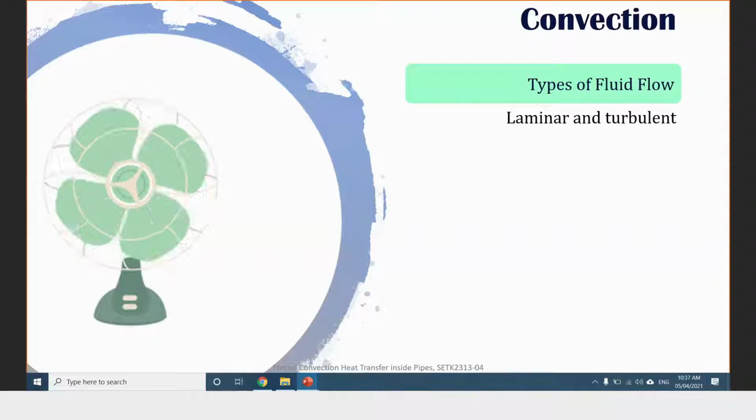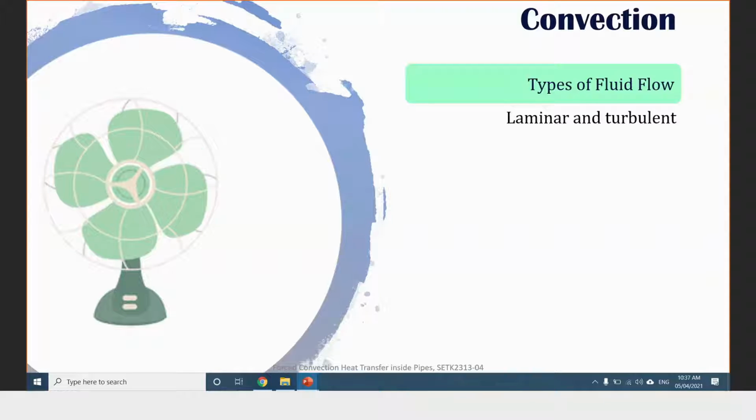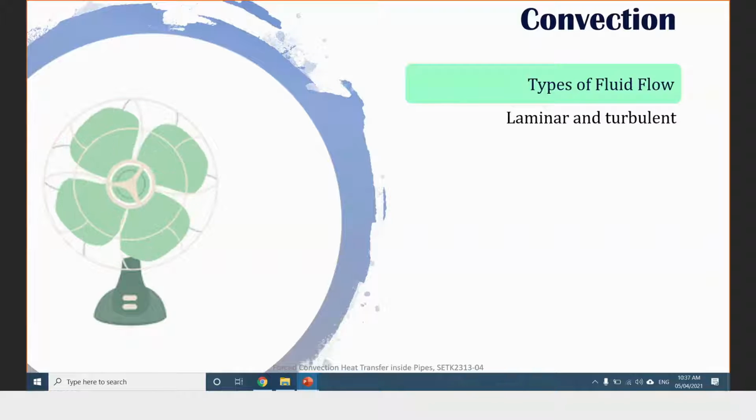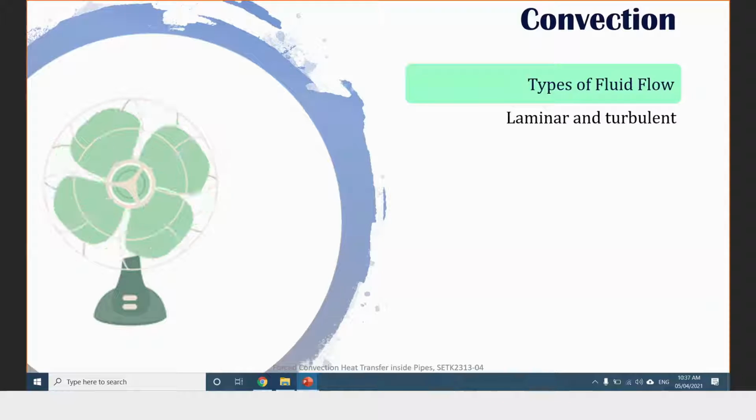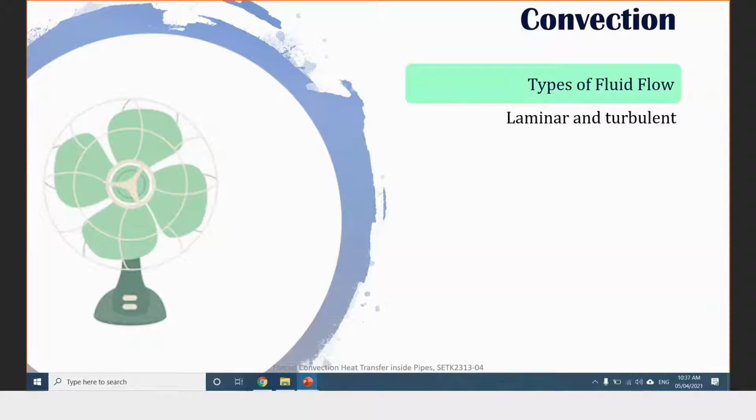You can imagine small swirls of fluid, characterized by a lot of unbalance. Turbulent flow, like the name, is caused by disturbances in the system.